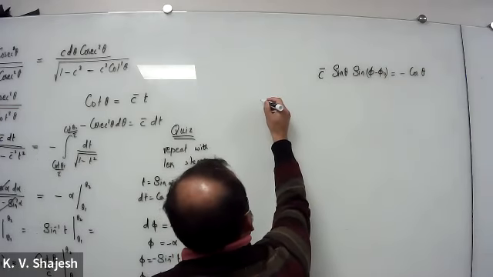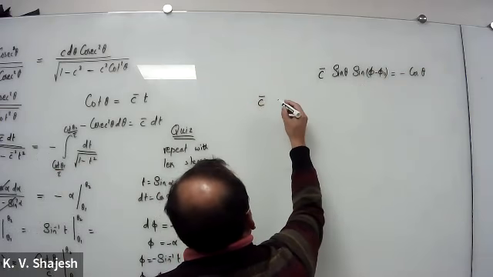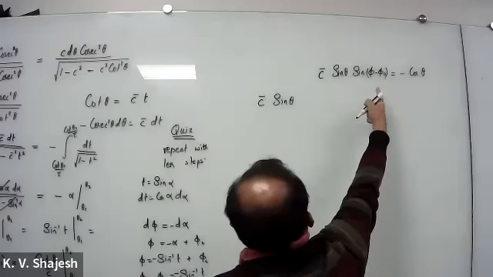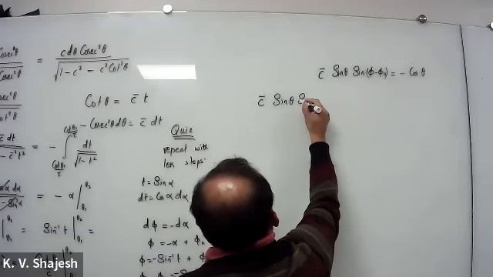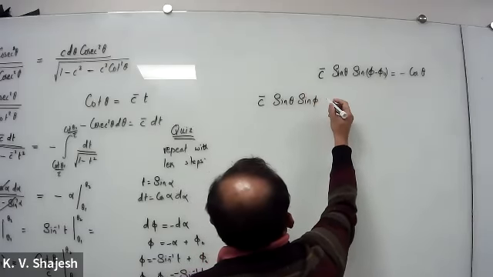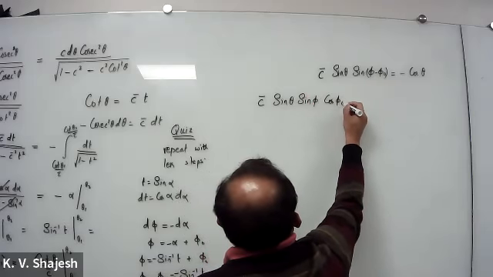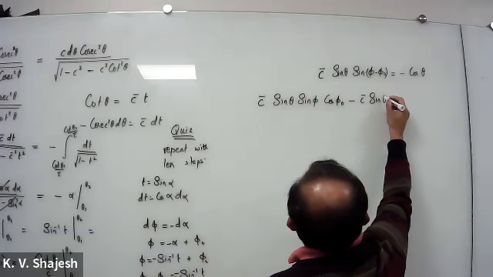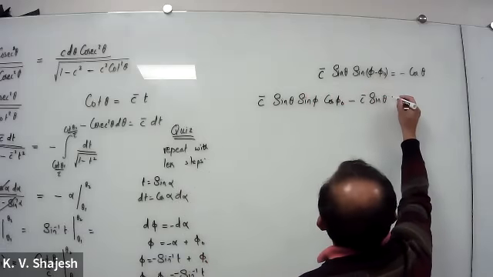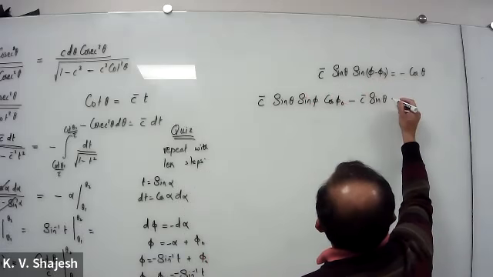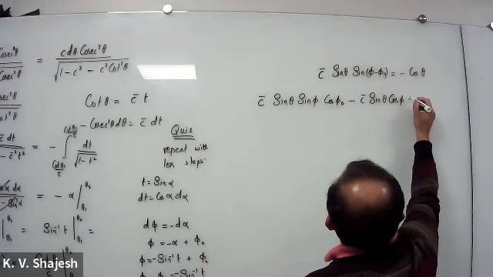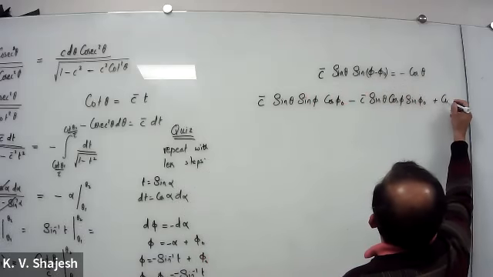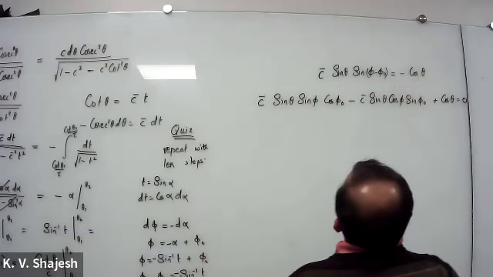So I have c bar times sine theta, sine of phi times cosine of phi naught. Next one is c bar sine theta times cosine of phi times sine of phi naught. And pull this on the other side, so it's cosine theta is equal to 0.